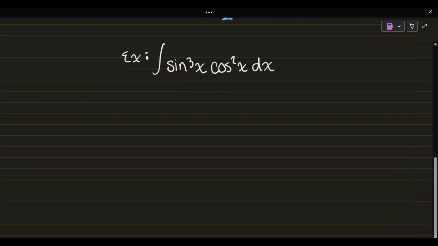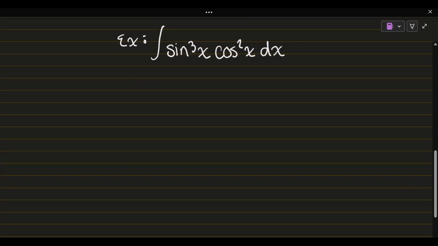Now let's look at one where our powers are not 1. So I have sine cubed of x cosine squared of x dx. I notice that my power on sine is odd, so I'll let u be cosine x, but there's a simplification we can do first. This is the integral of sine squared x cosine squared x sine x dx.